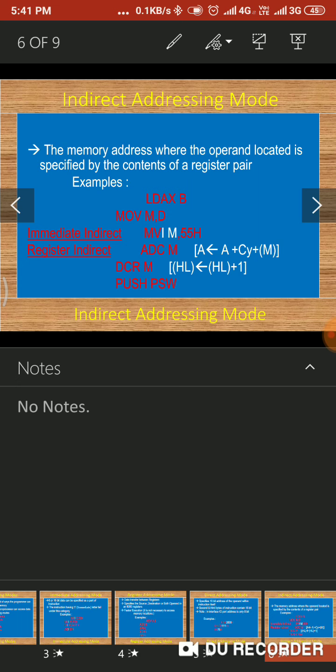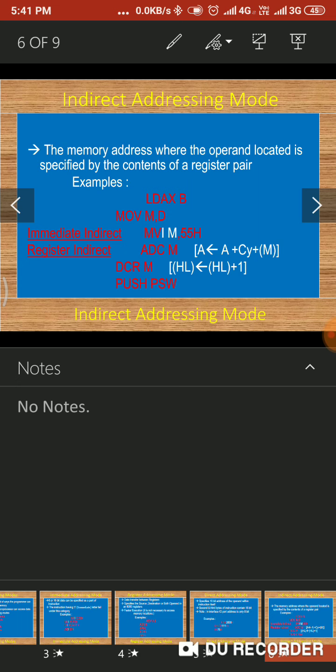So the content of the H register and L register will be the address. The value specified in the HL register pair will be the address. In that address, the data of the D register will be stored. Okay. Is it clear? Okay.